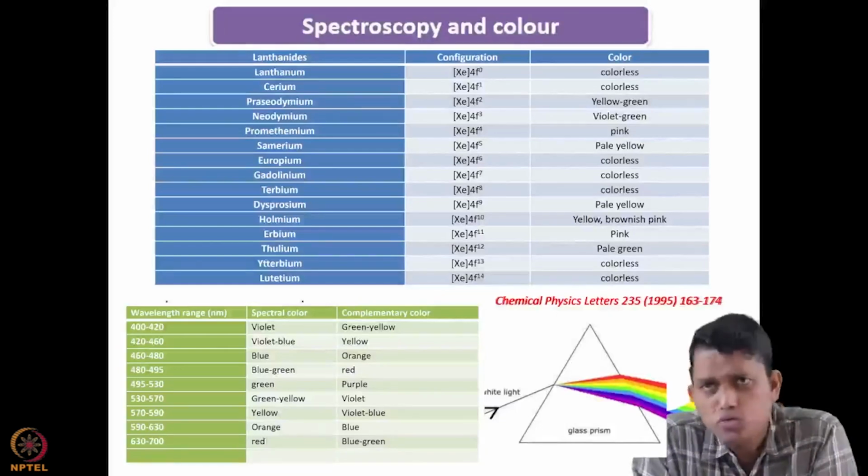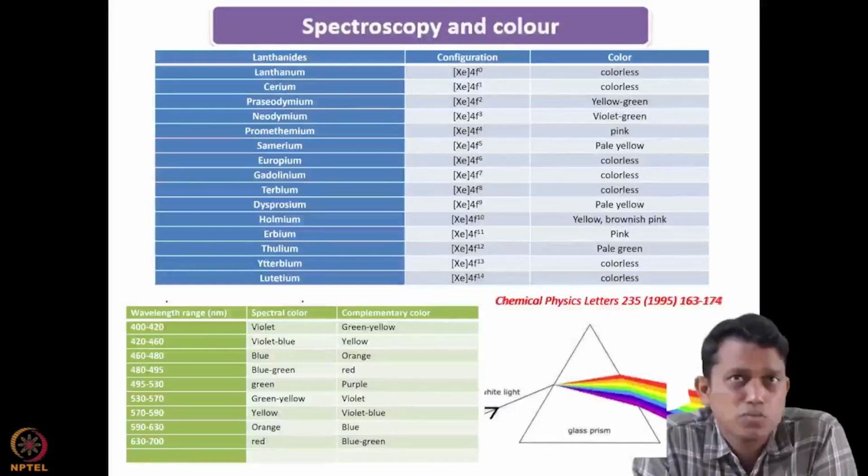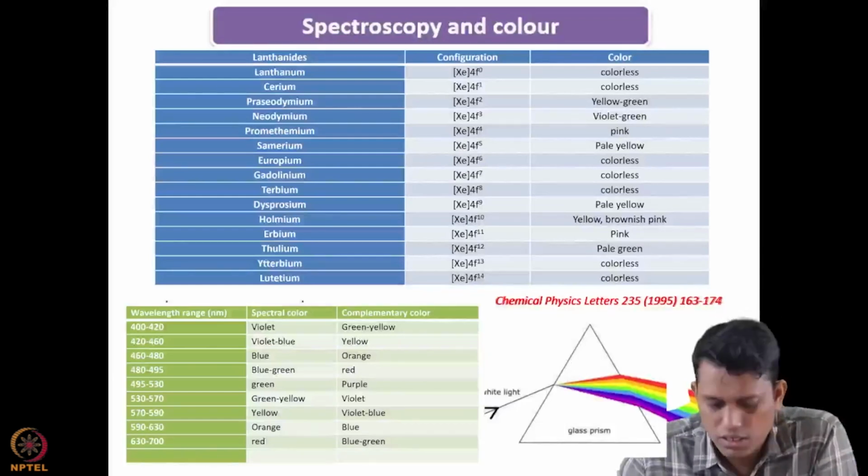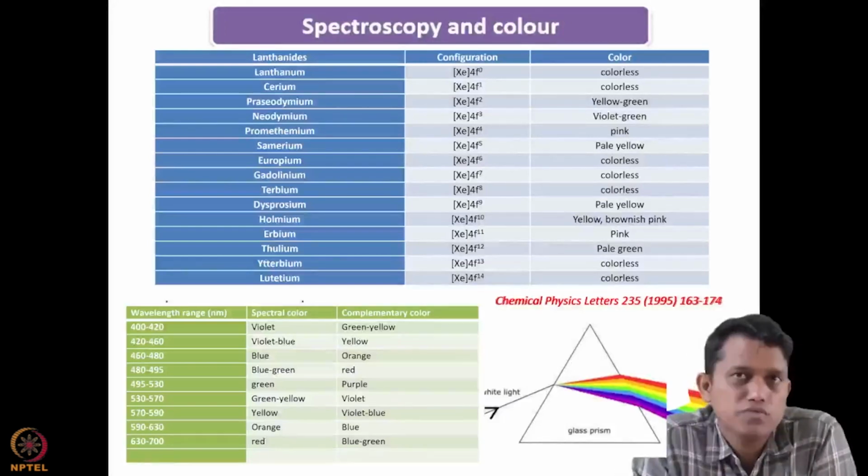But before going to the lanthanide spectroscopy or the UV studies or the emission studies, I hope that you have a fundamental understanding of the regions in the electromagnetic spectrum that we are using for the UV studies or NIR studies. So I assume that you know at least those basic things, at least the Lambert-Beer law, how your absorbance is related to the epsilon, to the concentration, and to the path length of the cell you are using for the measurement.